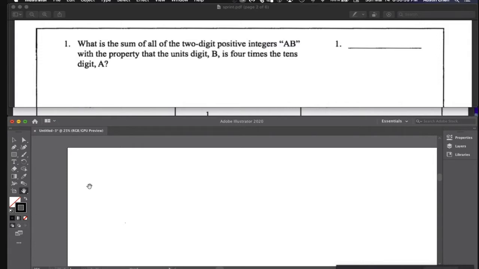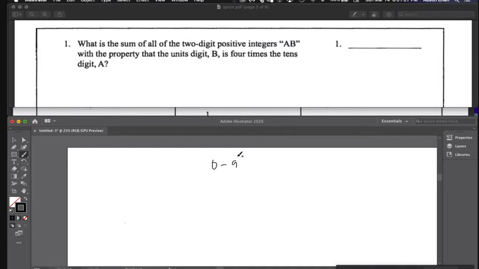What is the sum of all the two-digit positive integers AB with the property that the units digit B is 4 times the tens digit A? Okay, so digits are only integers from 0 to 9, right?